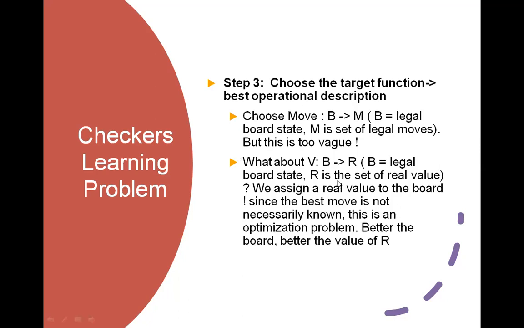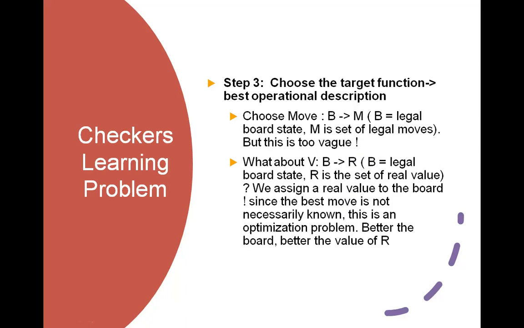So the target function is redefined like this: V is equal to B to R, from the set of board states to real values. Among those board states, what move you are going to make, as real valued moves. We have to assign the value for each and every board state. That is our job here.